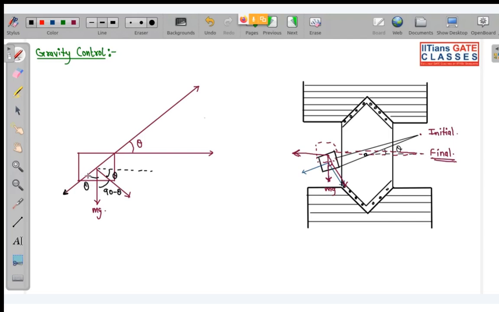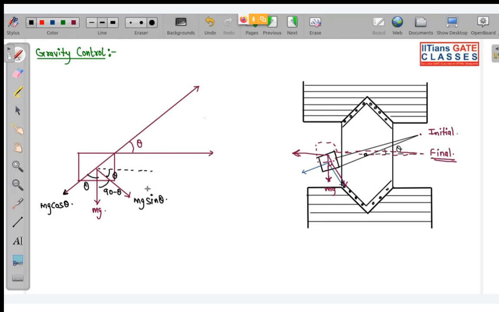Now, if this is theta, this will be mg cos theta, and this will be mg sine theta. So over here, which force is actually balancing the needle at this point?